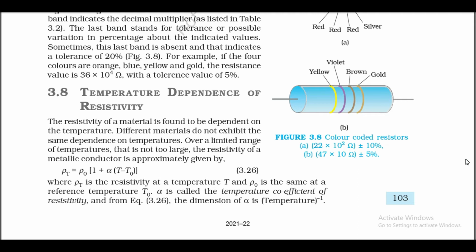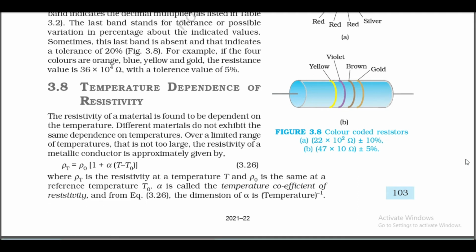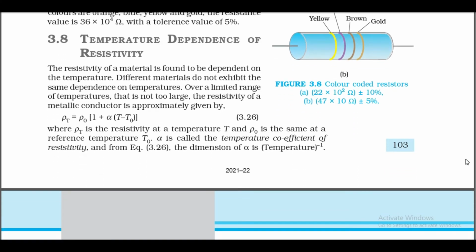Over a limited range of temperatures that is not too large, the resistivity of a metallic conductor is approximately given by ρ_T = ρ_0 [1 + α(T − T_0)], where ρ_T is the resistivity at a temperature T and ρ_0 is the same at a reference temperature T_0, and α is called the temperature coefficient of resistivity.